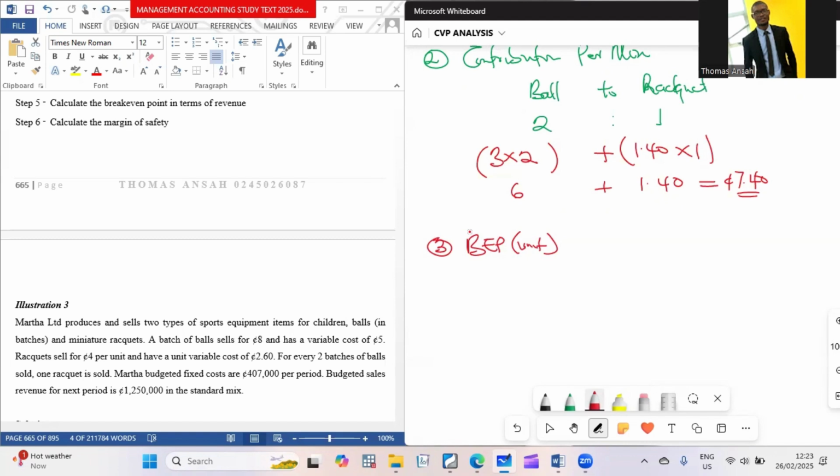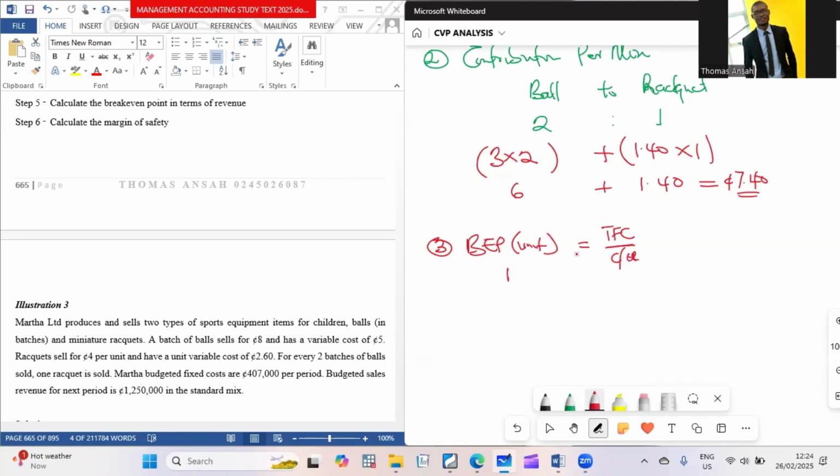How much are we looking at for the break-even point? You remember your break-even point. If you are doing break-even point, what is the formula? It is the total fixed cost, all right, over what? Contribution per unit. All right, so that is the break-even.